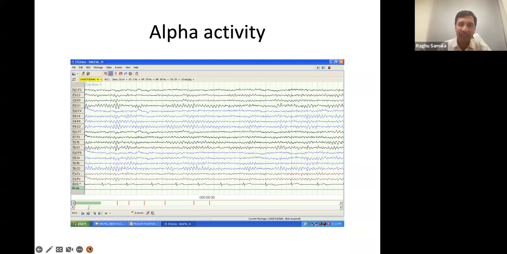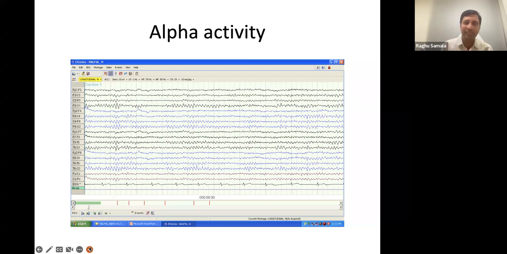In this slide, at least we know that odd numbers represent the left side, even numbers represent the right side. If you see, there are waves which look almost monomorphic. They are there in every second of this page.